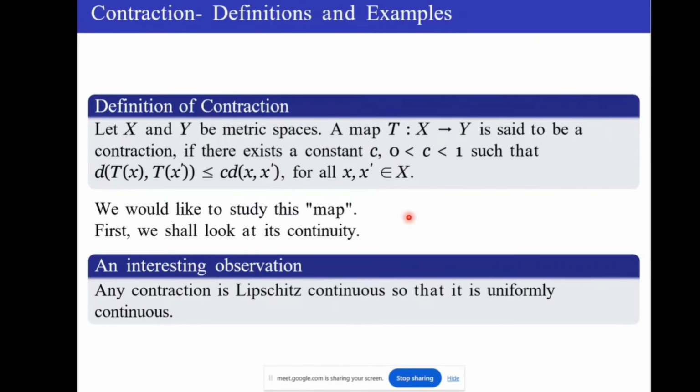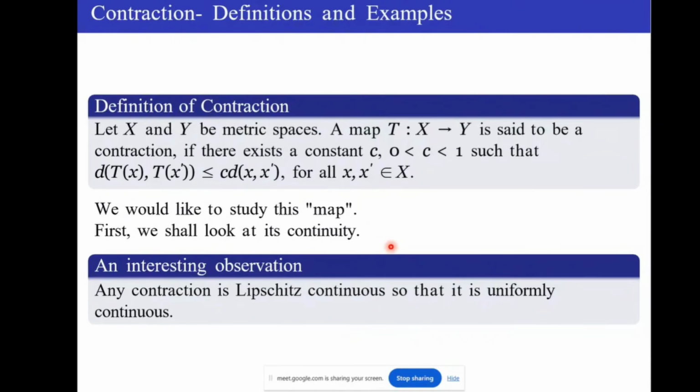So actually we were demanding a very simple thing. We were just trying to study if the map T is continuous, and we believed that it is continuous. So we tried to write down the epsilon delta definition. Other than that, we looked at the definition of the contraction. By definition we have the distance between the image points less than or equal to the distance between the points in the domain. So we say that this map T satisfies the Lipschitz criterion.